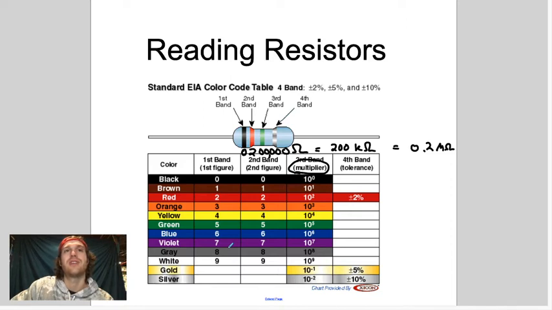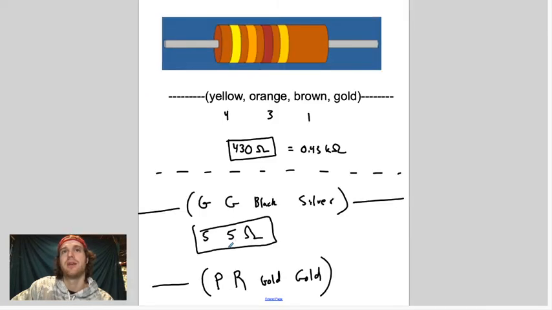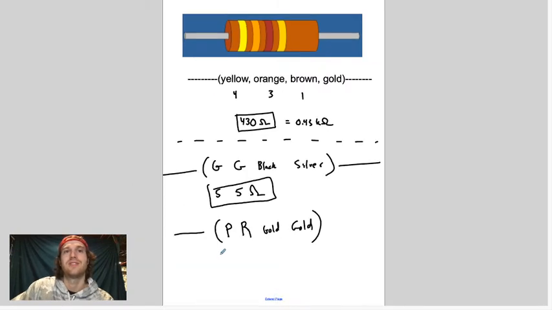So this is 7, 2, and then it says 10 to the minus 1. Okay, it's the multiplier. It's not necessarily just the number of zeros. So this is 72 times 10 to the minus 1. Well, 10 to the minus 1 is 0.1. So how many ohms is this?